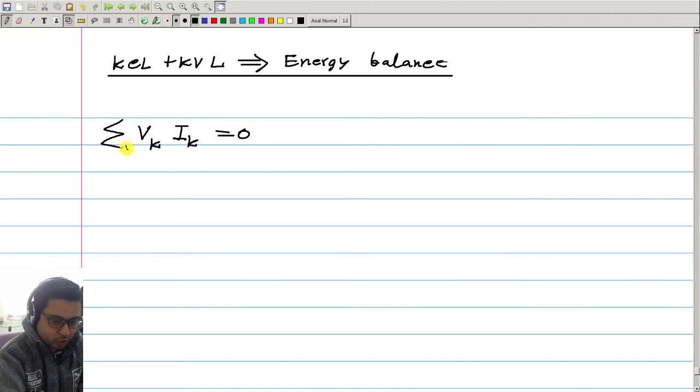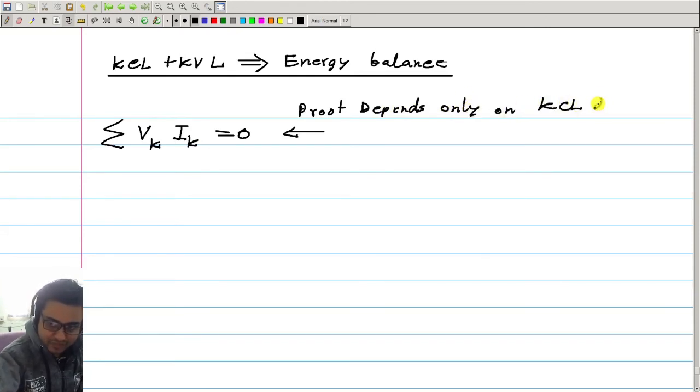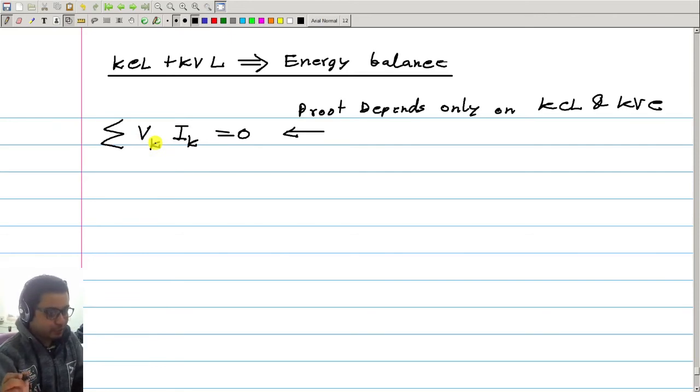If you look at the proof of this theorem, which you did in the previous semester, the proof depends only on KCL and KVL. Any circuit that obeys KCL and KVL must give 0. This is the sum of energy consumed and energy produced, so the total sum should be 0. If KCL and KVL are not violated at any moment, then energy balance cannot be violated mathematically. And you are absolutely right.